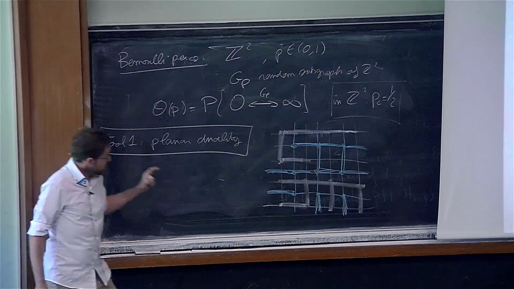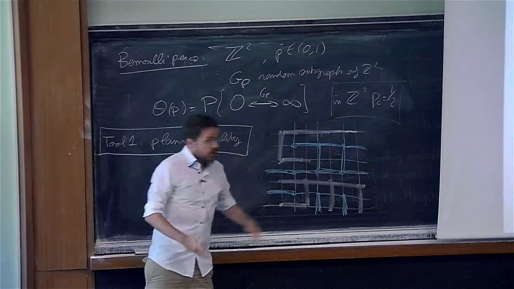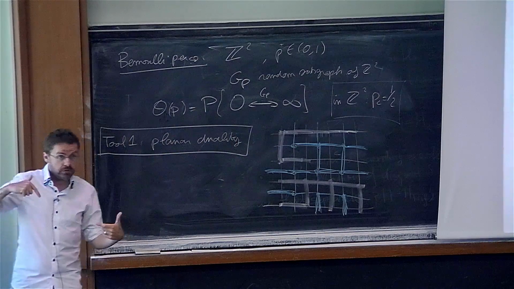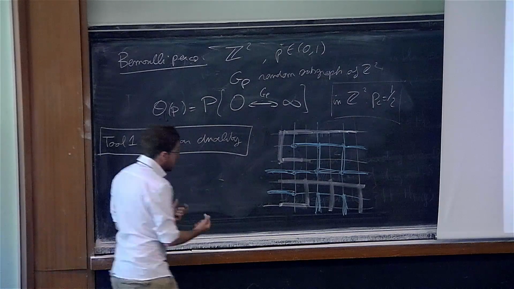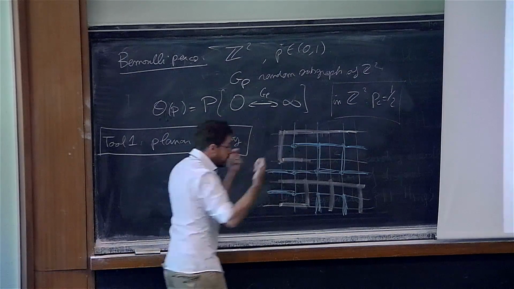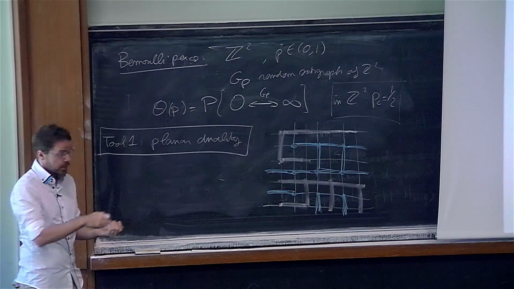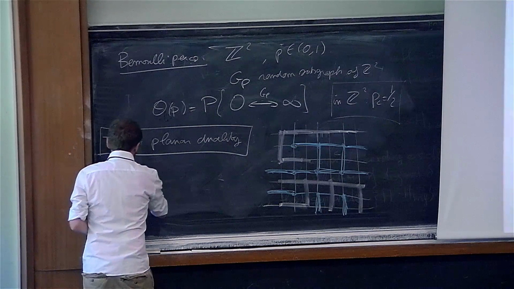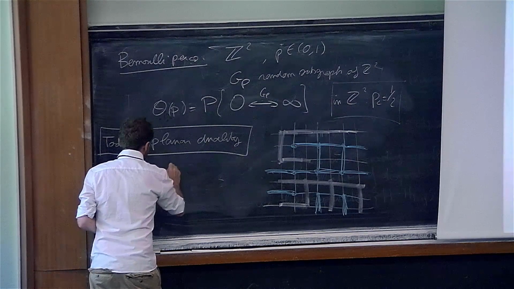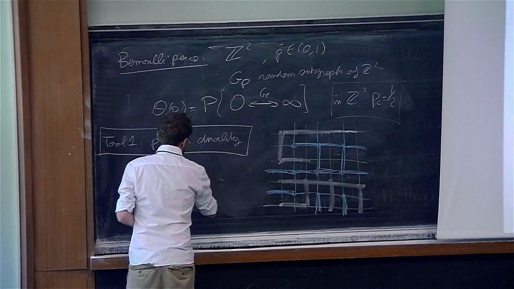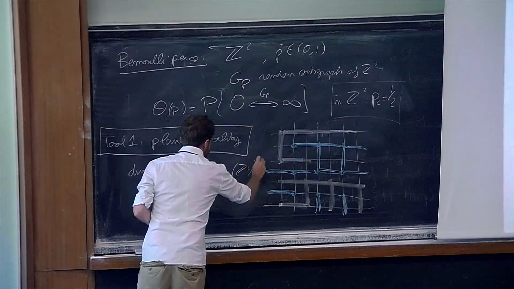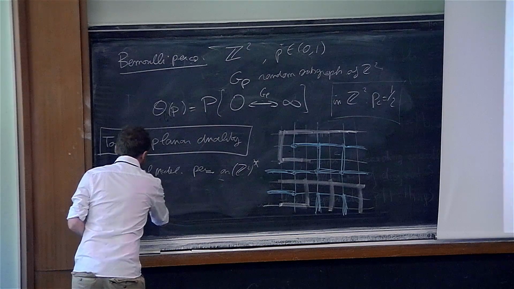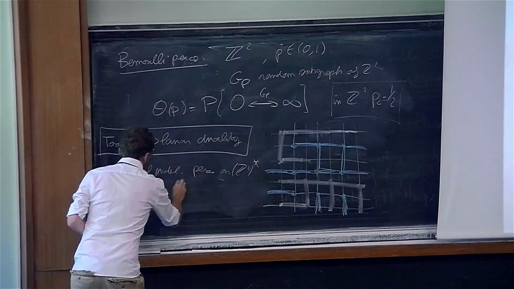So the probability that a dual edge is open is the probability that the primal edge is closed, so it's 1 minus p. And these are independent because you only look at your dual edge locally, and there is no dependence coming up in the construction. So the dual model, it's a percolation on Z2 star, on the dual graph, with parameter 1 minus p.